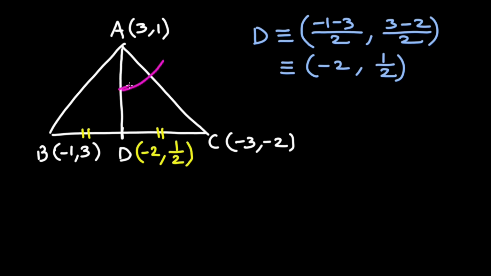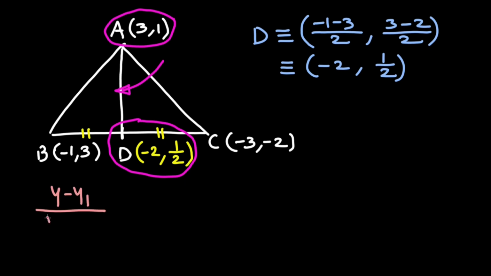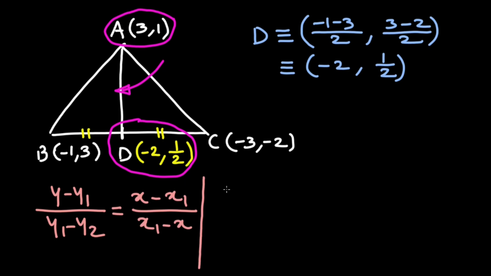The equation of this median, with the help of point A and point D on the median, can be found out by using the two-point formula of the equation of a straight line, which is (y minus y1) upon (y1 minus y2) equals (x minus x1) upon (x1 minus x2). Substituting the values, (y minus 1) upon (1 minus half) equals (x minus 3) upon (3 plus 2).